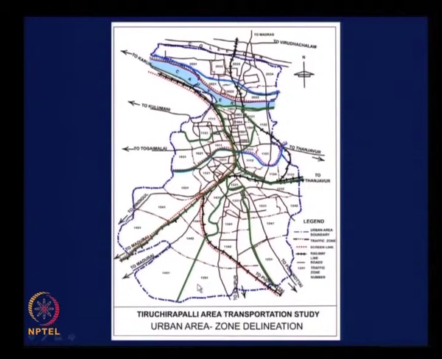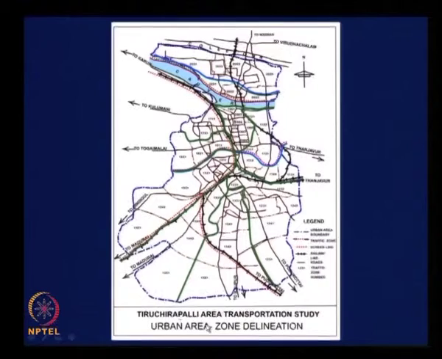Please note, in our earlier discussion we understood the sector boundaries to be either natural or man-made barriers like railway lines, major roads, rivers and things like that. That can be adopted or followed if possible. If necessary, you can have a different guideline to fix the sector boundary.